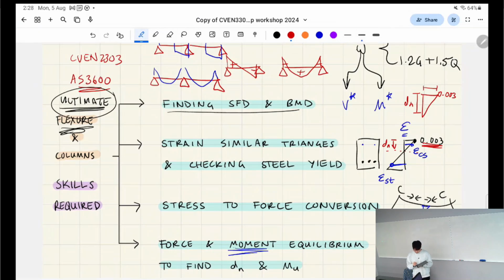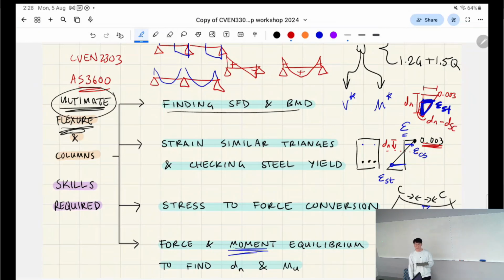So if I wanted to find the strain in the compressive bars, all I need to do is measure this rise over this run, which you can back derive using dn minus dsc, the depth to the compressive steel.